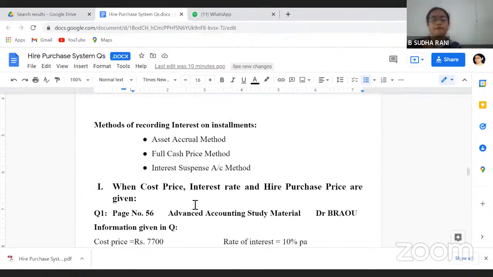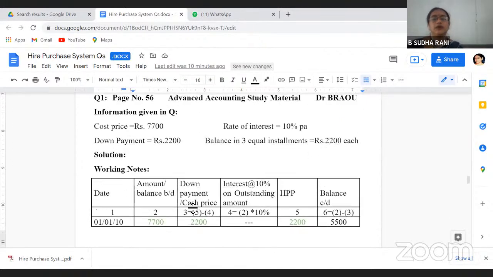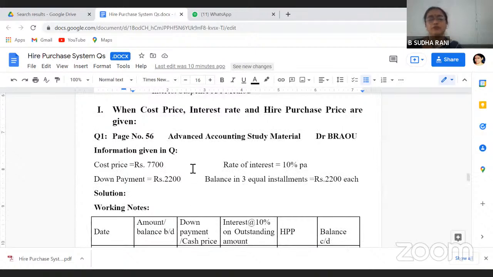Now, first, in your textbooks, the Ambedkar textbook, turn to page number 56, question number 1.